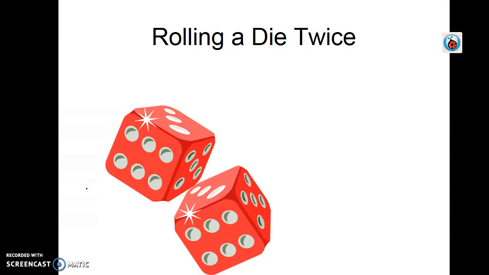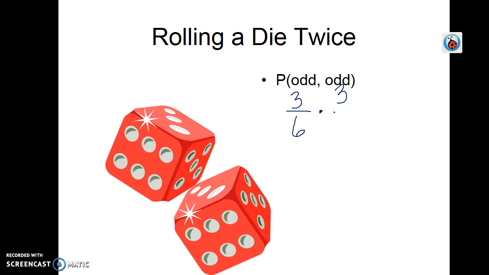So when we're rolling 2 dice, how many different outcomes can we get? We said before, 6 on the first die, 6 on the second. That means there's 36 total outcomes. So then what's the probability that both of them will be odd? Well, on the first die, 3 out of 6 of the numbers are odd. So the first time I roll it, I have a 3 in 6 chance. The second time I roll a die, how many of them are odd?